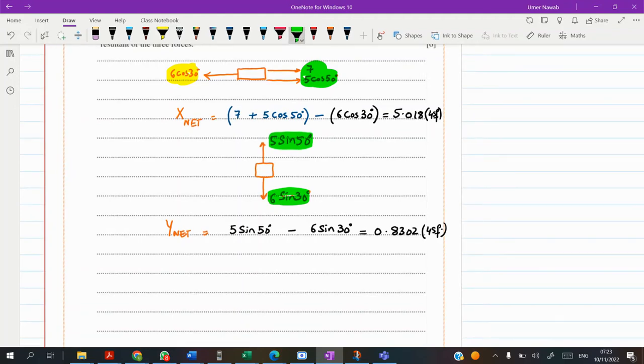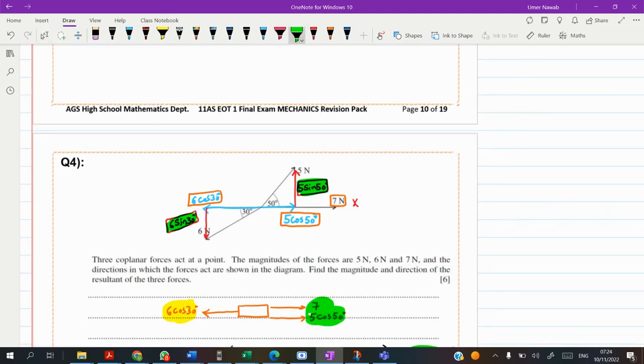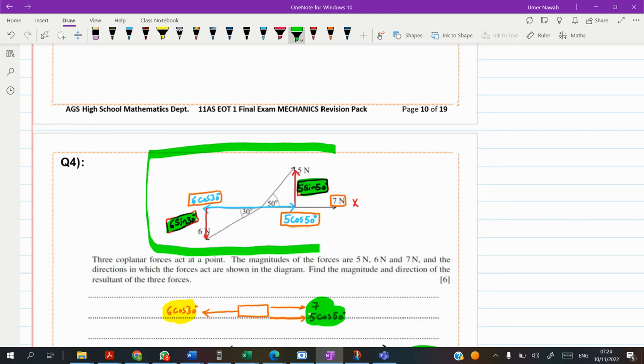Now the points to be noted here. Our x net is positive, our y net is positive. What does this tell you? This tells you that this whole system is converted into this situation.